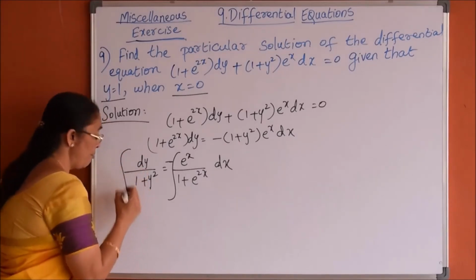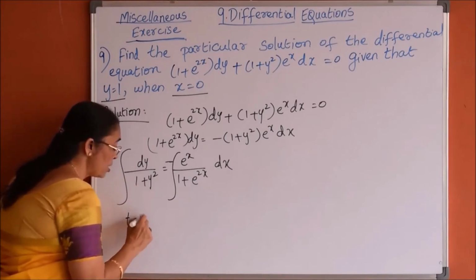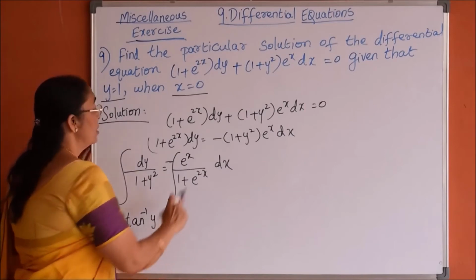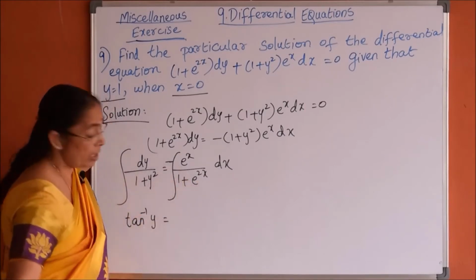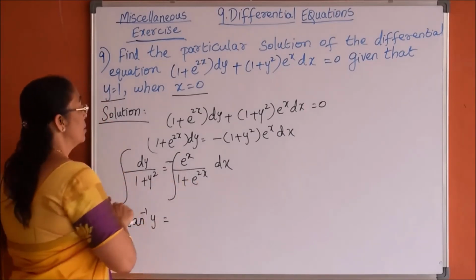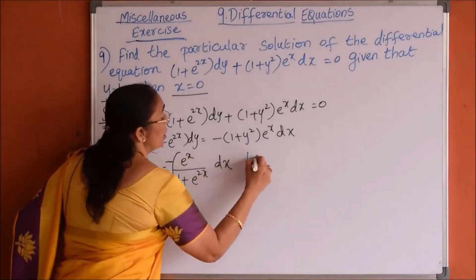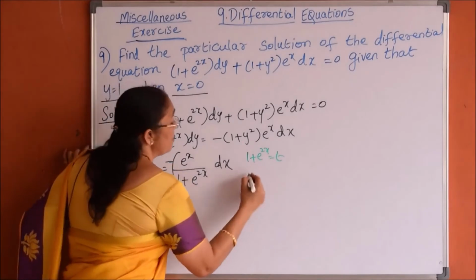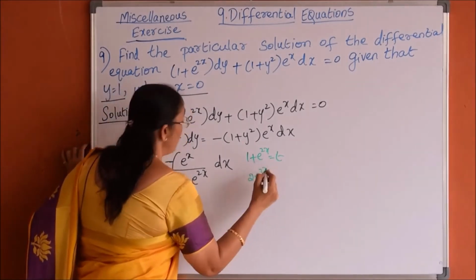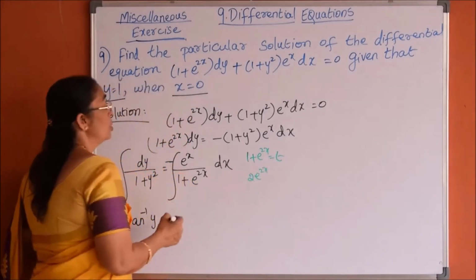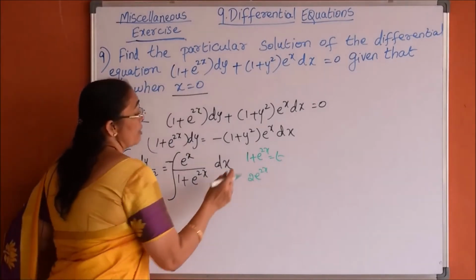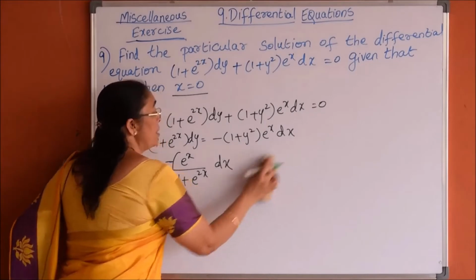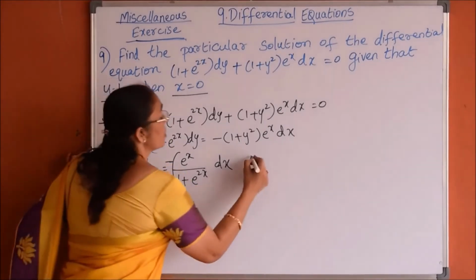So, 1 by a, here a is 1, tan inverse of y is equals to, for the right hand side, we will evaluate this integral by the method of substitution. We consider only e power x as t.